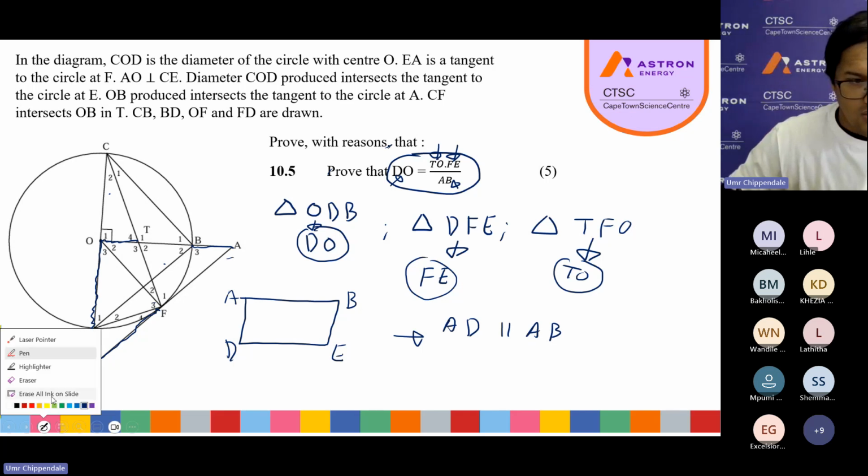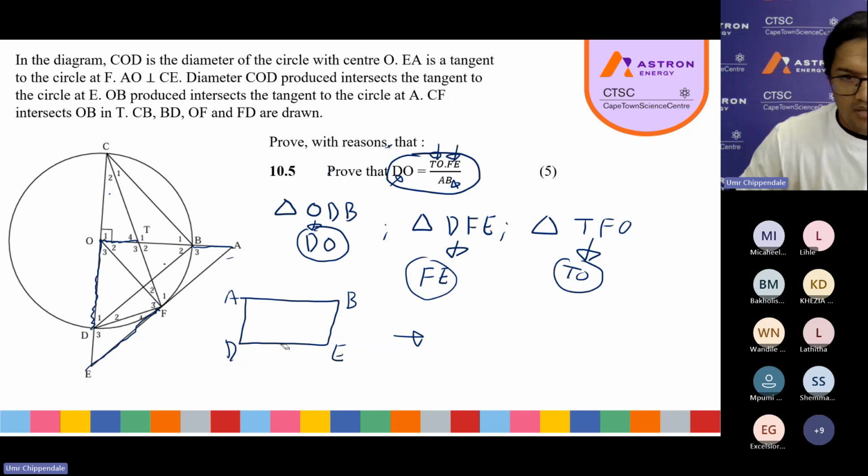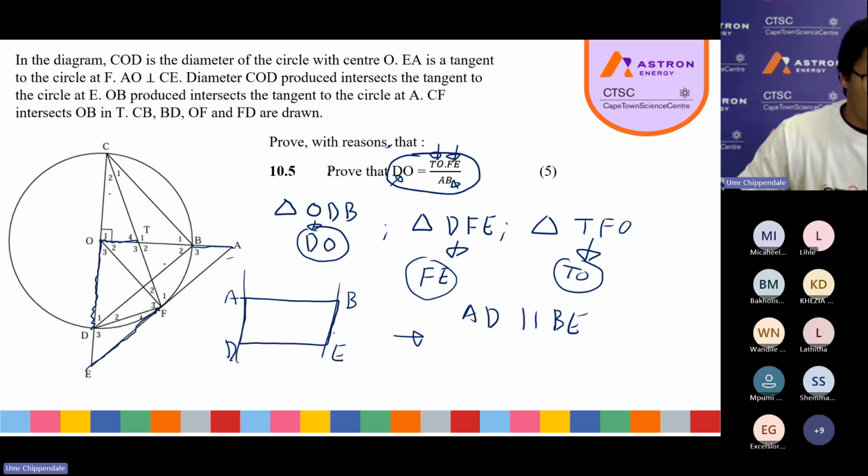Parallel is when they don't touch, so not perpendicular. So when you have your AD, it will be parallel to your BE. They won't touch over there. They're parallel to each other.